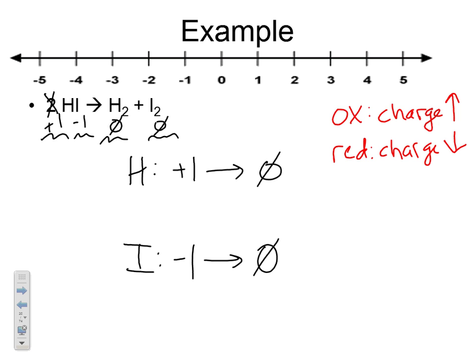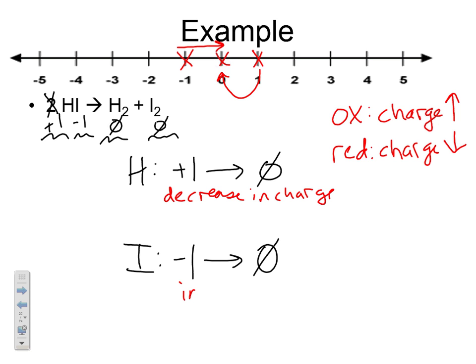So hydrogen is starting at a +1 on our number line, but then it's going to 0. This is a decrease in charge. Versus the iodine, which is starting at this charge of -1, but now it's moving to a charge of 0. That's an increase, right? Even though there are no positives here, it went from something negative to something that's neutral.